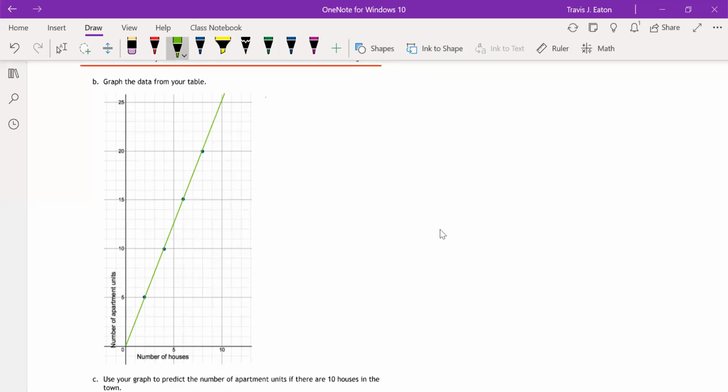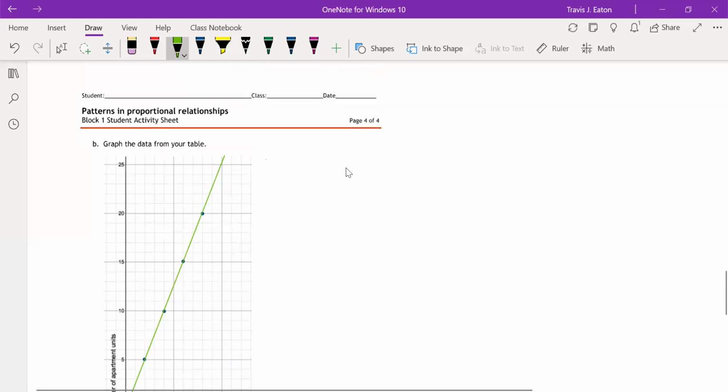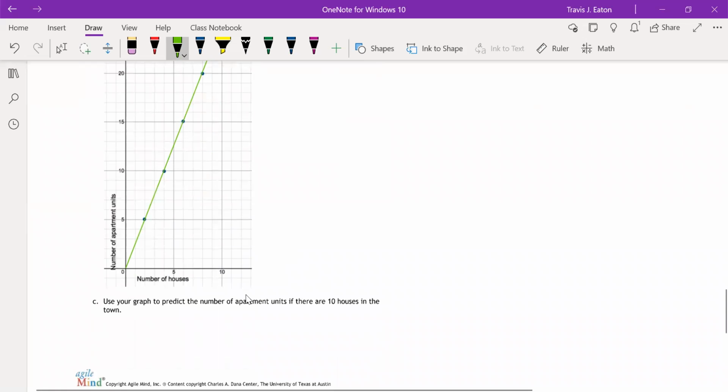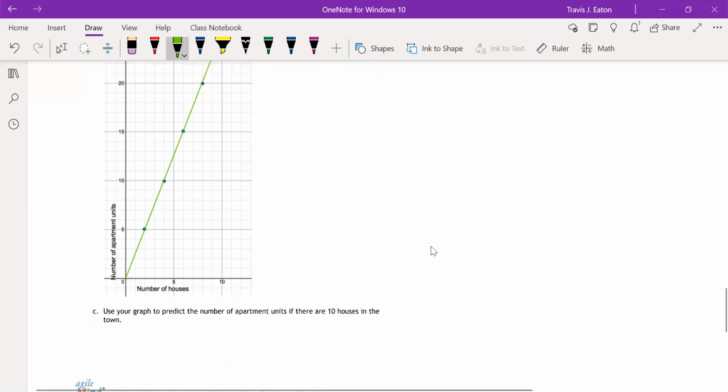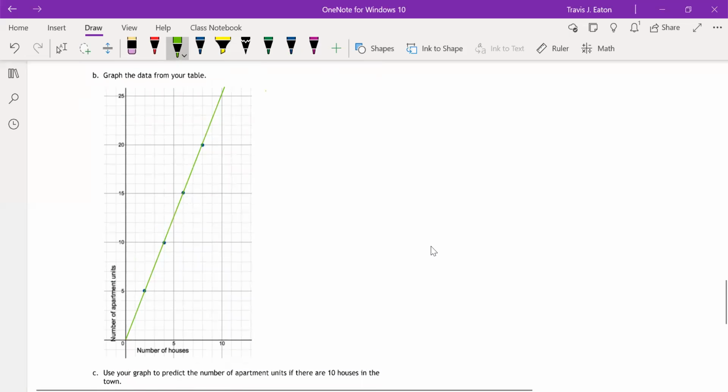And there it is. Okay, we've graphed it. Now we can use this graph to predict for letter C. Use your graph to predict the number of apartment units if there were 10 houses in the town. Well, look at that. If we do that, we can say, well, all right, 10 houses. Go up here, follow the line to 10, and where does that meet? It's right there.